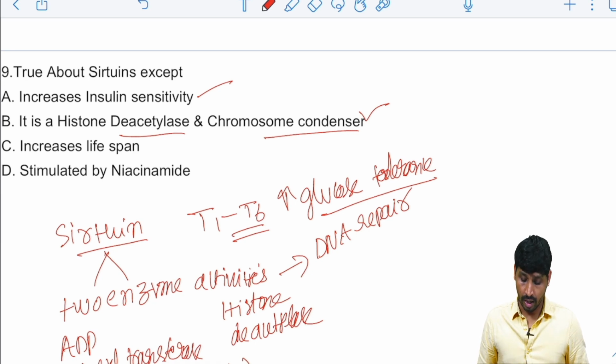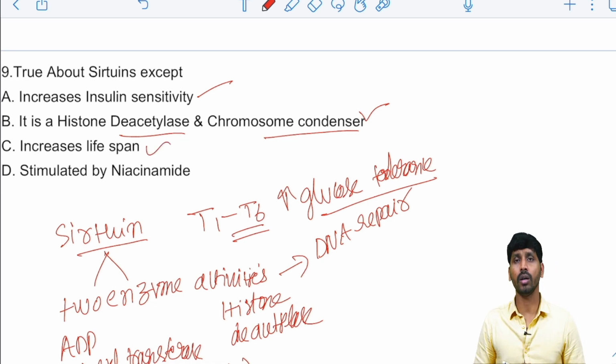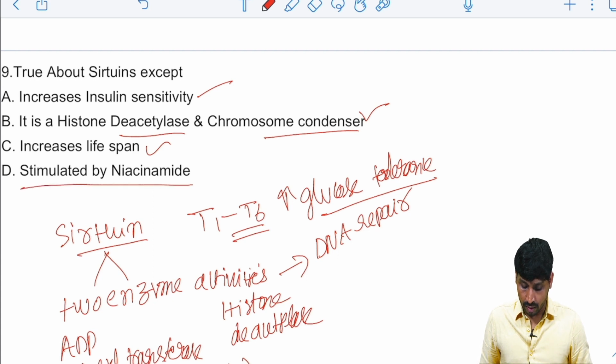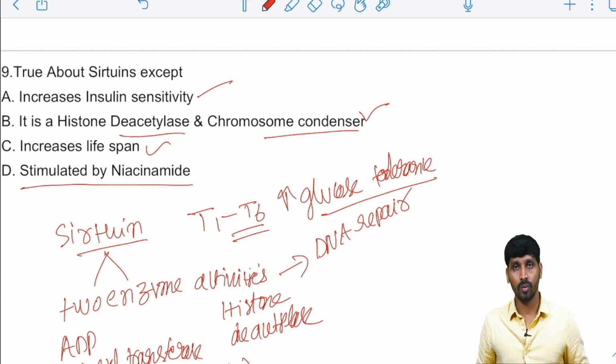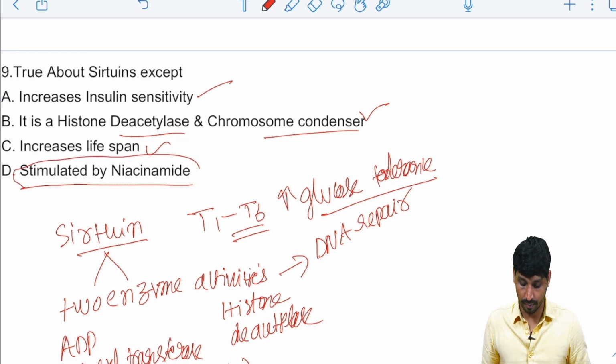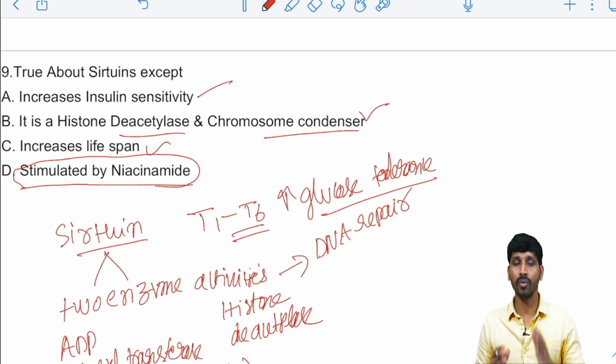It increases lifespan, yes, by enhancing DNA repair and DNA synthesis, it increases lifespan. Fourth one, stimulated by niacinamide, no. This is the option you have to rule out. The rest of the 3 are correct about citrulline, except the fourth option, because niacinamide acts as an inhibitor of citrulline.